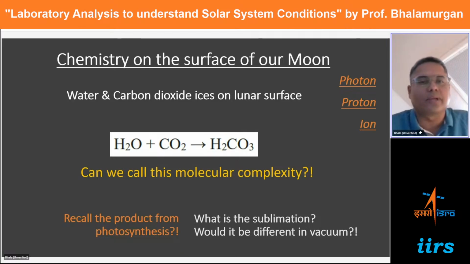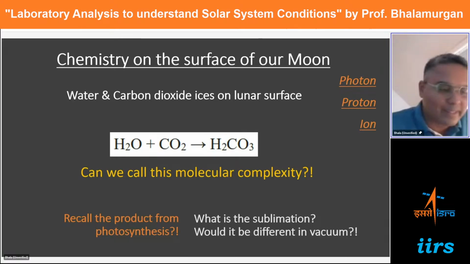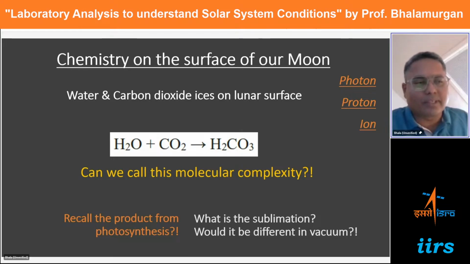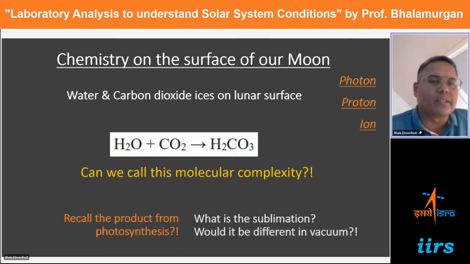Plenty in the sense, don't take it in relative ways to planet Earth, okay? In relative ways of other molecules, okay? What is there, okay, in good amounts. And carbon dioxide is also known. Carbon dioxide is also present along with water in some parts of it. So the moment these 2 molecules react, then they are going to make carbonic acid, which is the one which you see in your soda and so on, okay?